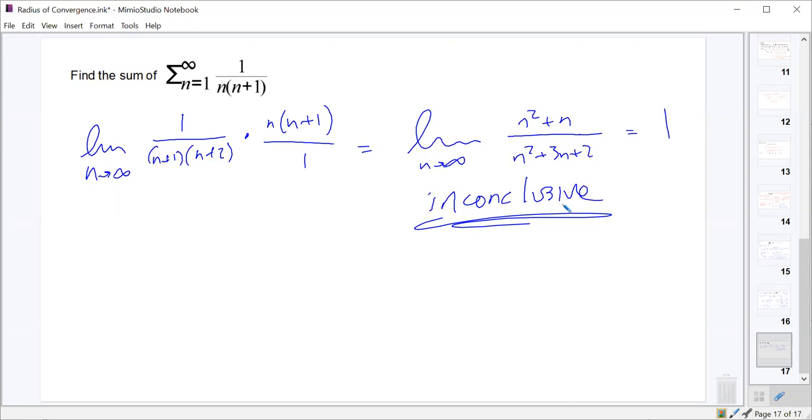So first off, maybe we can use the nth term test for divergence to prove that it diverges really quickly. So what's the limit as n approaches infinity of that term itself?